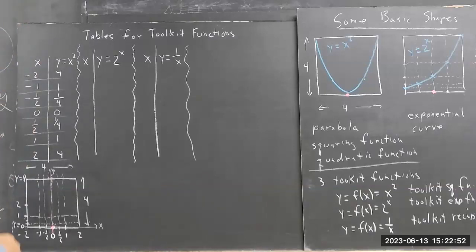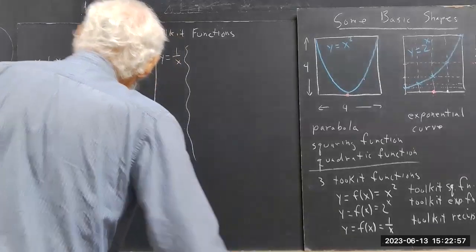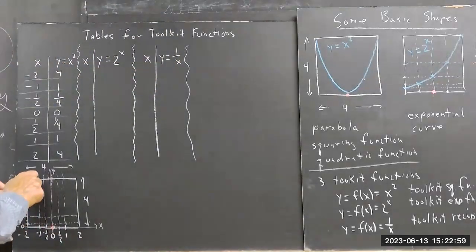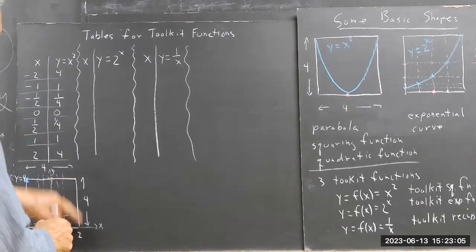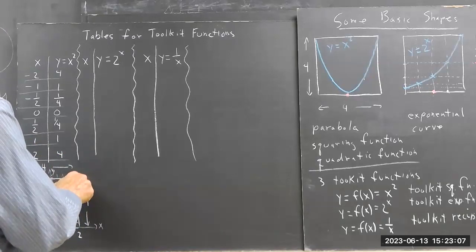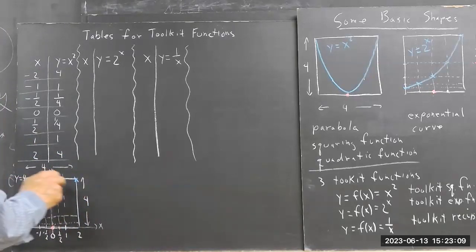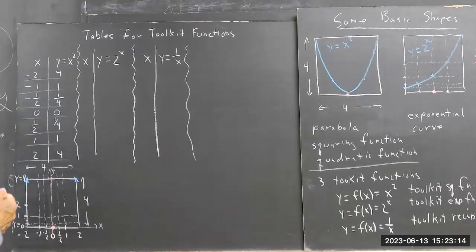Now, about these points. -2, 4. Using the point here, let's use blue to mark that point. And while we're at it, we've got the point 2, 4. And we see that this point is a reflection of this point across the y-axis. Then we have -1, 1. Well, here's -1 and here's 1.